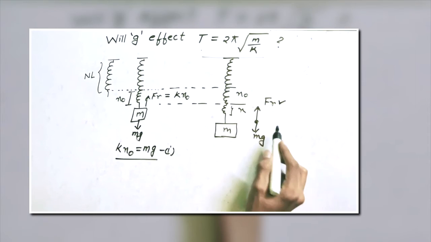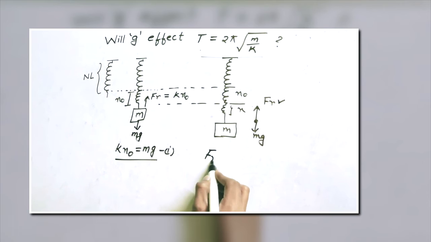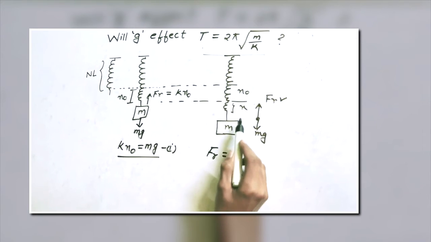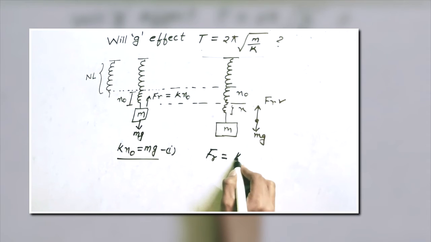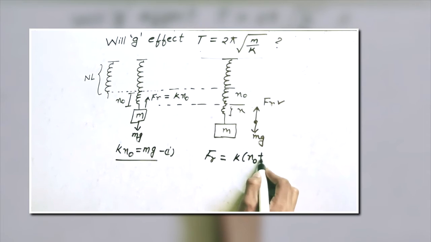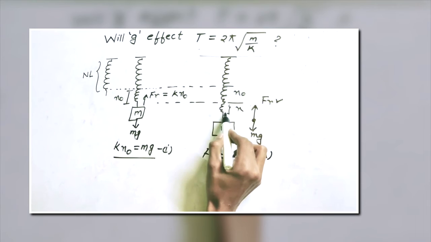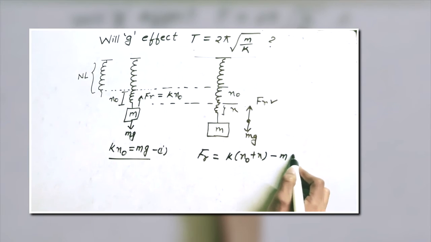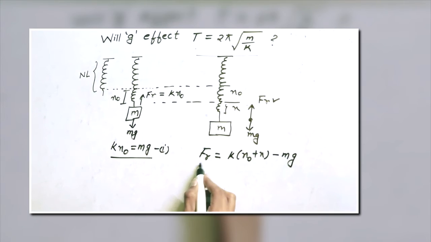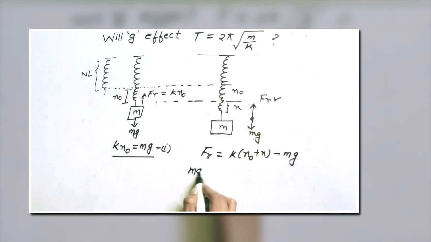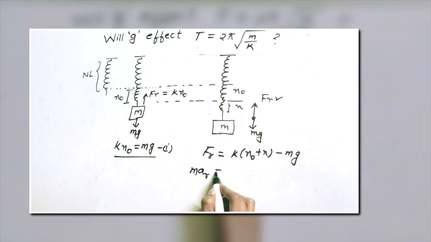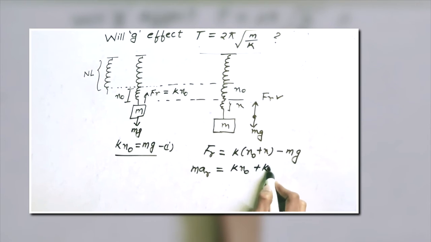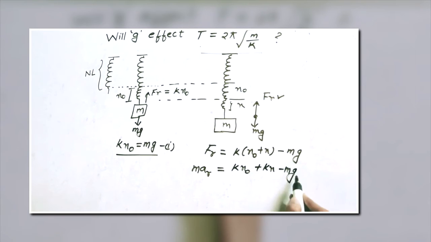So we can write the restoring force, that is the force by the spring, as k into x naught plus x, that is your total displacement from its normal length, minus mg. So your restoring force, I can write it as mass into restoring acceleration. This will be equal to k x naught plus k x minus mg, right?